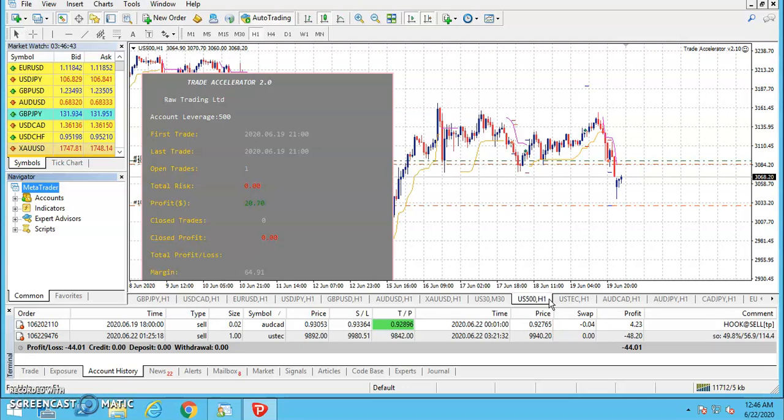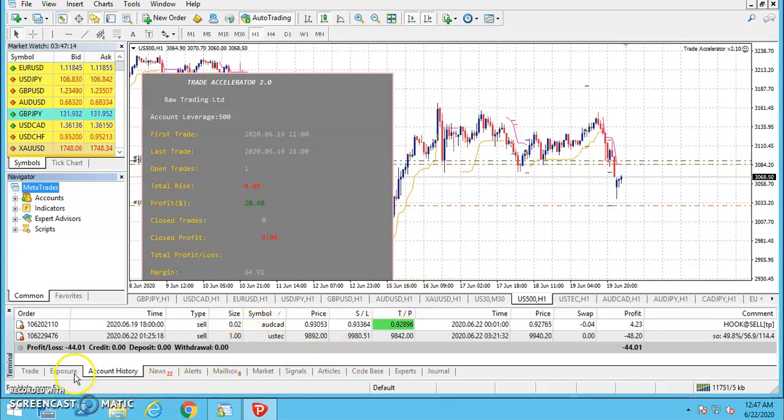Indices move quite a lot, and if the trade is moving in the opposite direction to you, you are likely to lose a considerable amount of money. So the key here is, if you have an account size below $250, don't trade indices at all. Do not trade indices at all.